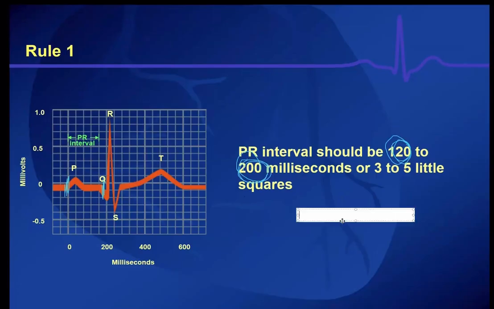If it is more than 200 milliseconds, it is a first degree AV block. If it is prolonged, that is the case, and if it is shortened, it might be WPW syndrome. So this is the first rule of the 10 rules for a normal ECG.